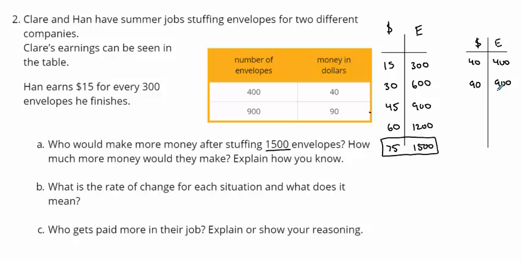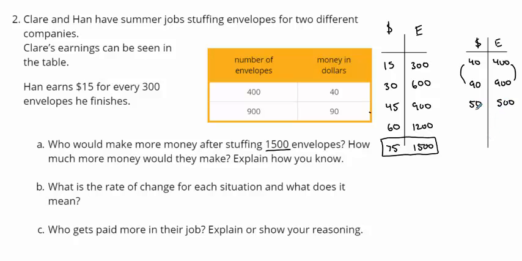So if she stuffs, let's see, every 500, she makes $50, right? Because here's 500 more and here's $50 more. So if I say 500 envelopes, she makes $50.